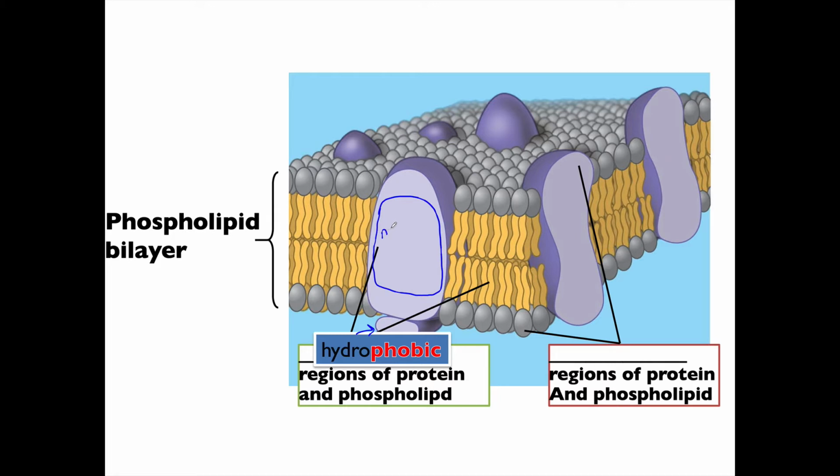So what we could deduce is that we have nonpolar amino acids, I'll just put AA for that, in this region here. So whatever amino acids are making up this protein, they're also going to be nonpolar because they're mixing here with these nonpolar fatty acid tails.